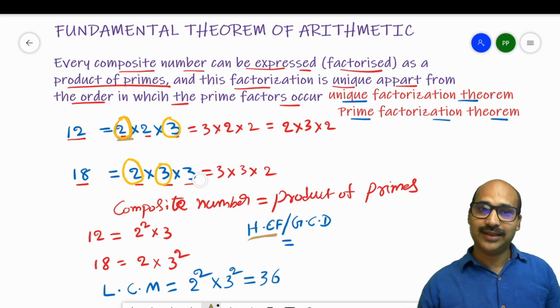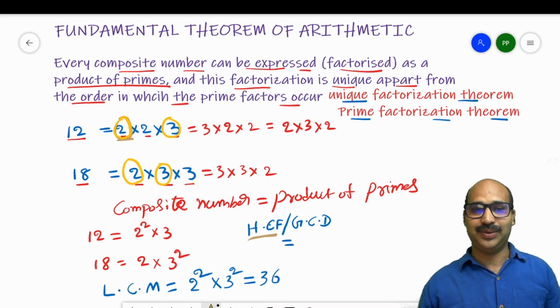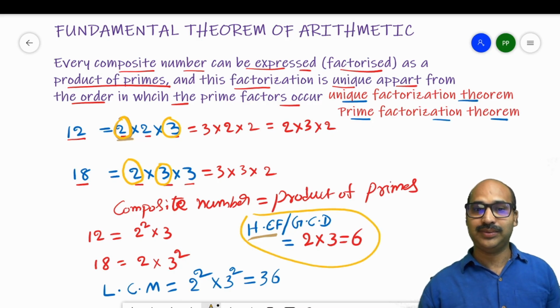In 18 another 3 is there, but in case of 12 we don't have another 3. So only those which are common we have to consider to get the HCF. So HCF is equal to 2 into 3, which is equal to 6. So HCF is equal to 6.